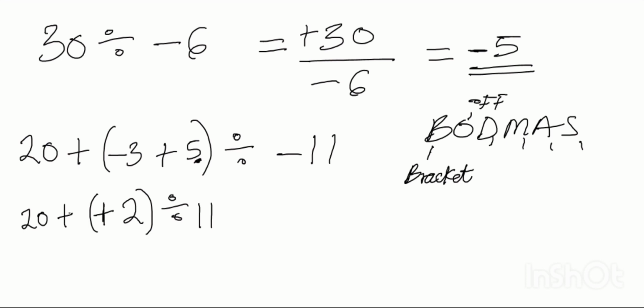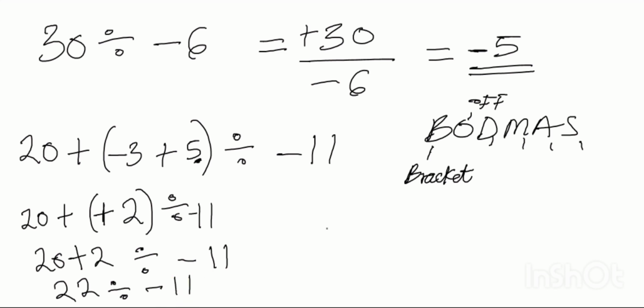Now we've opened the bracket. When positive is before a bracket, just open and the sign remains the same. So this is going to be 20 plus 2, divided by negative 11. Now addition first, we're going to add 20 and 2, so we're going to have 22 divided by negative 11.